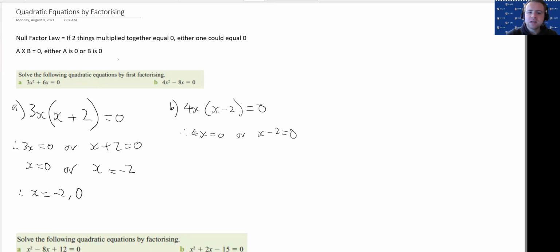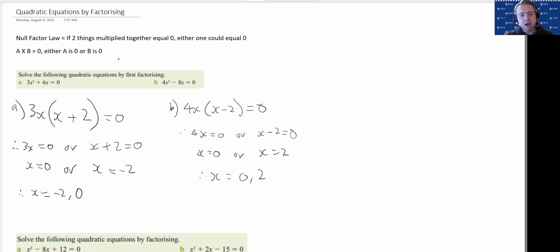If 4x is equal to 0, then that means x equals 0. And if x minus 2 equals 0, if we add 2 to both sides this time, we get x equals positive 2. So therefore x equals 0 or 2, using the comma notation there.